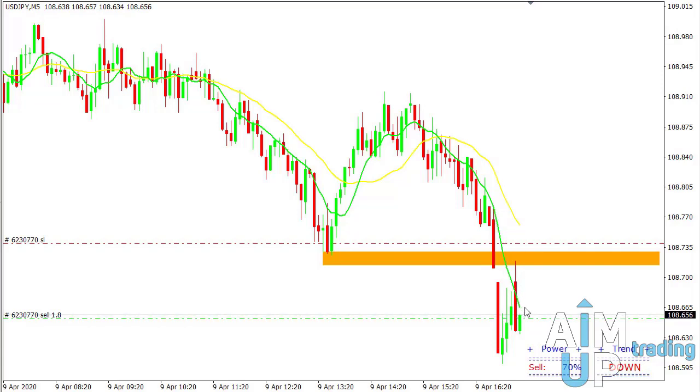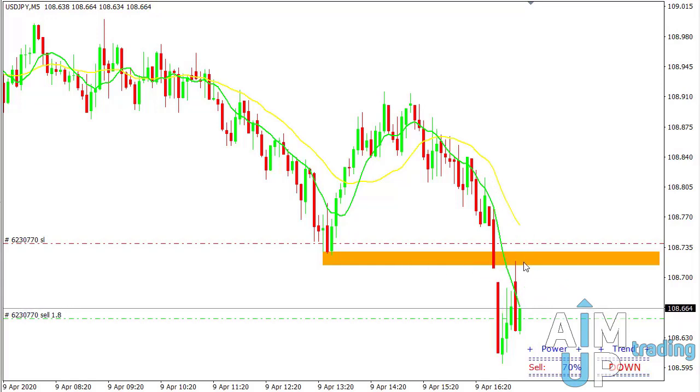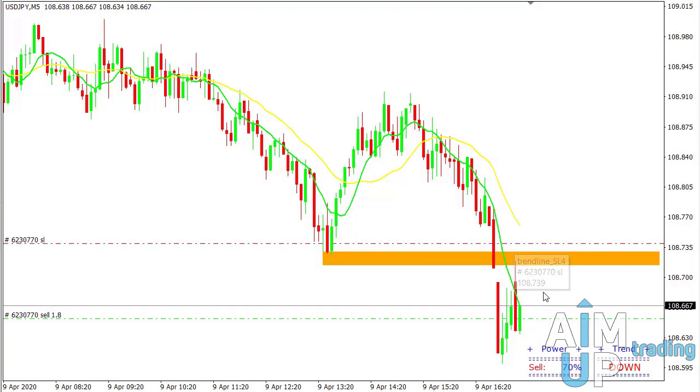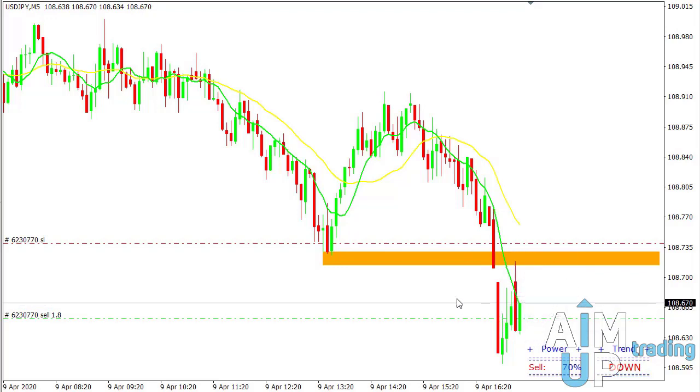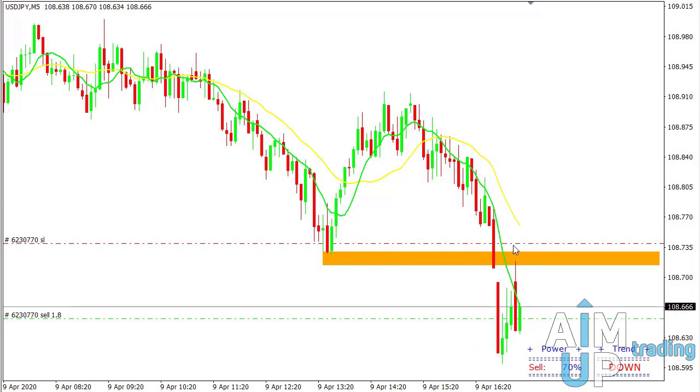We have a bounce, basically an engulfing candle, a really nice engulfing candle. So you guys can see we have 4 or 5 indications in our direction that give us the reason to open a trade.